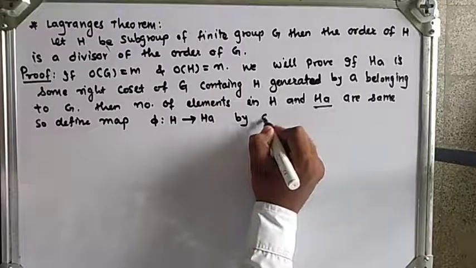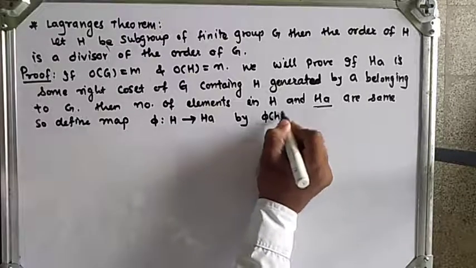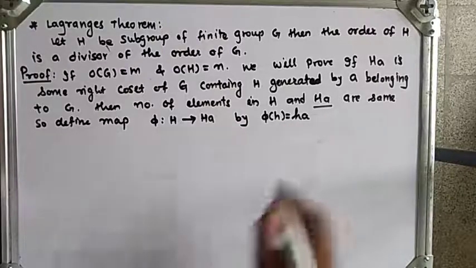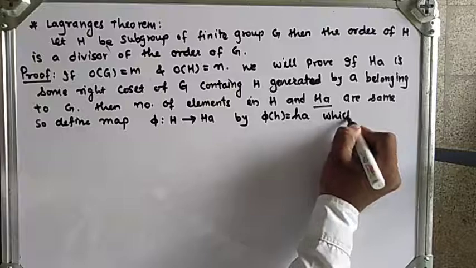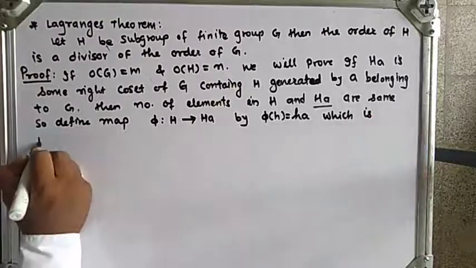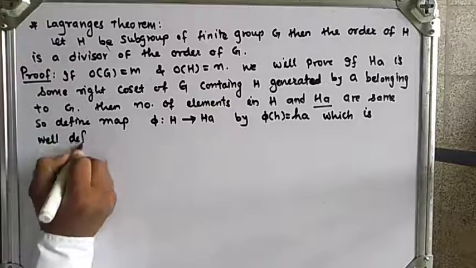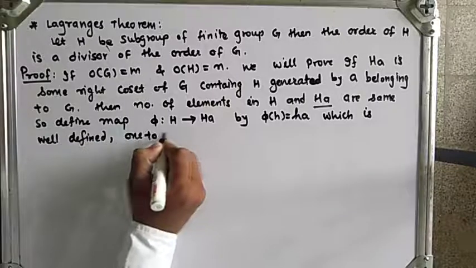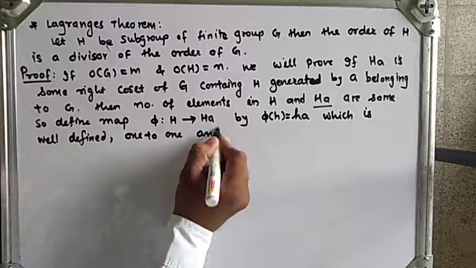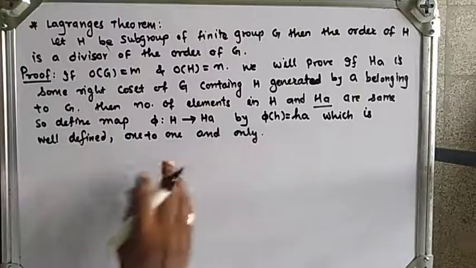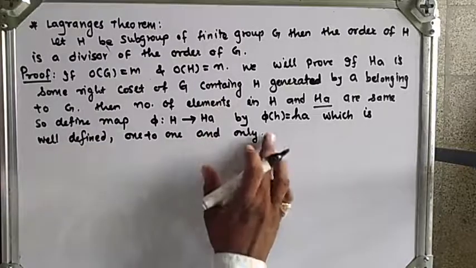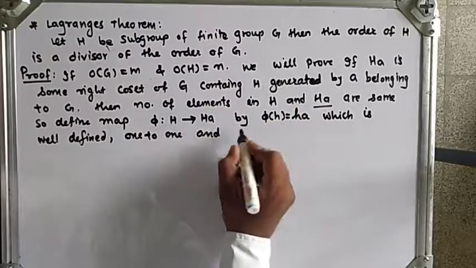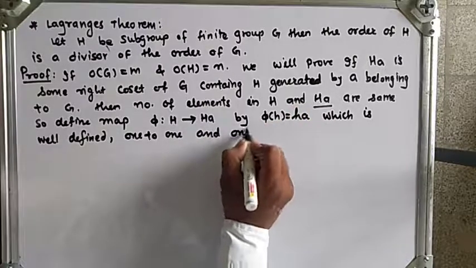I will define phi of h is equal to h·a, which is well defined, 1-1 and onto. If this is well defined, 1 to 1 and onto, then we see that the cardinality of H and the cardinality of Ha will be the same.